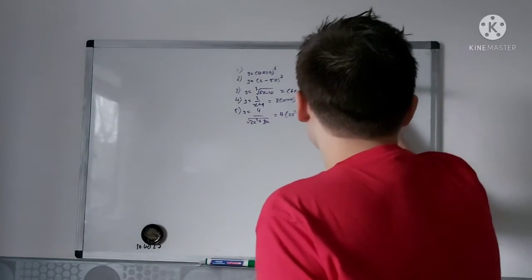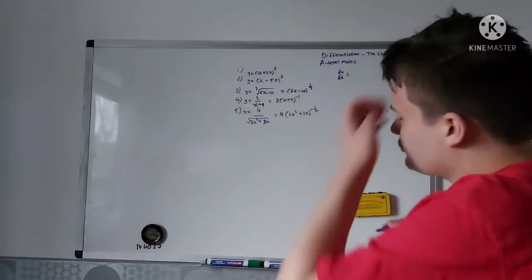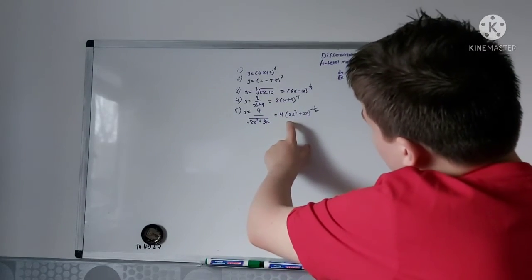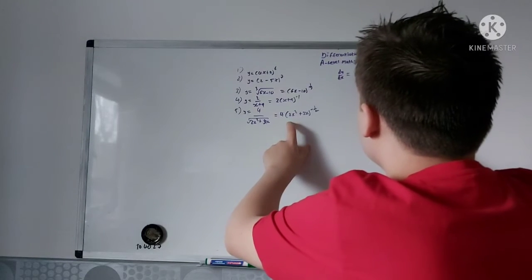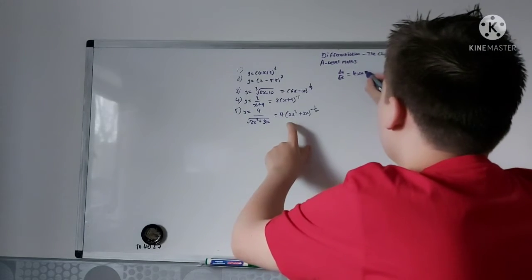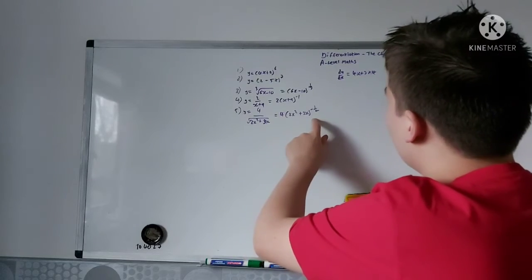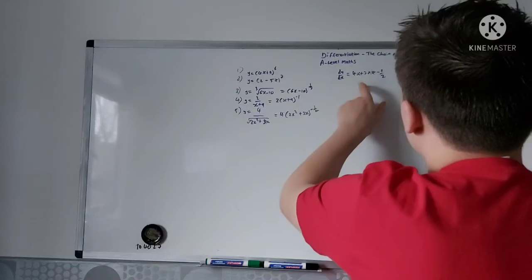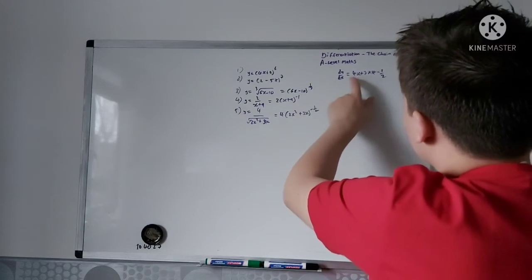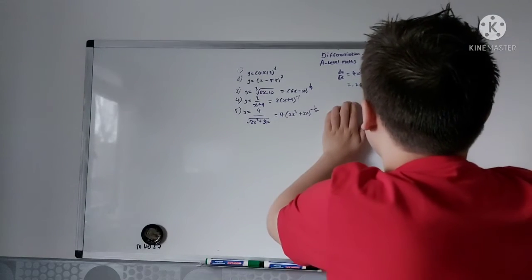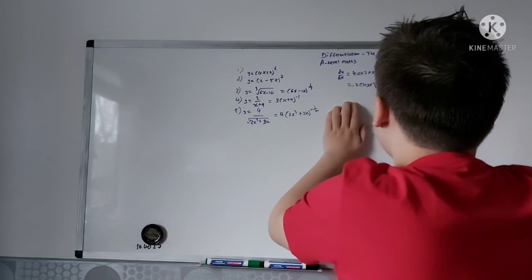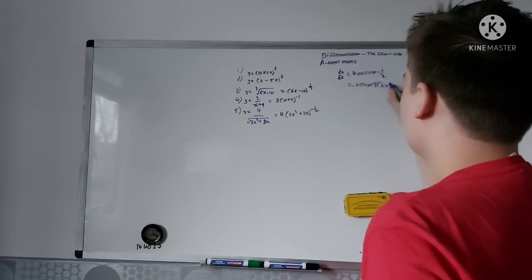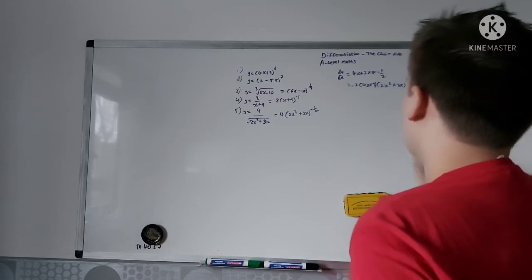So dy by dx, differentiate using the chain rule, of course. Now the derivative of what's inside is 4x plus 3. It will multiply with the 4 and multiply with the power that comes down, so that'll become minus 2. So it's minus 2 times that, and then multiplied by (2x squared plus 3x).